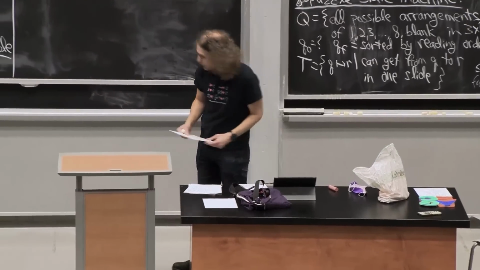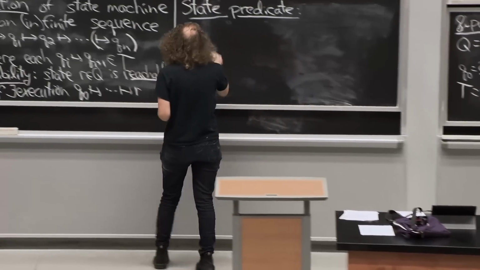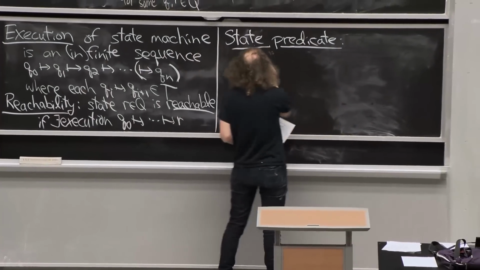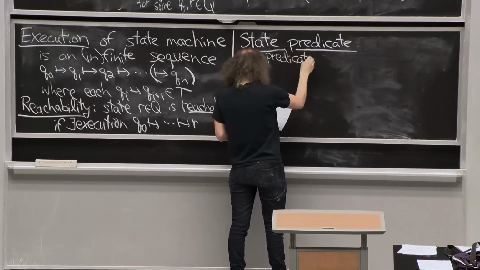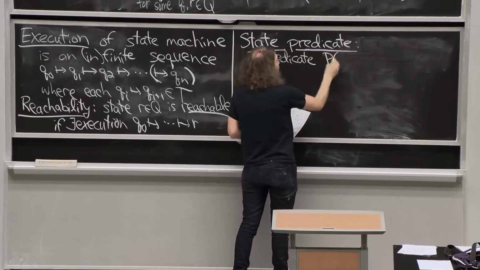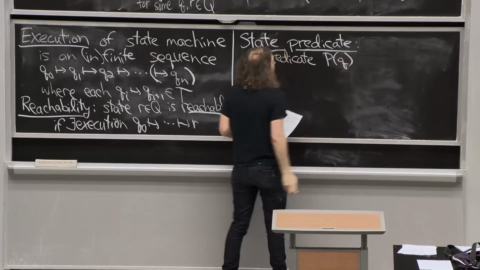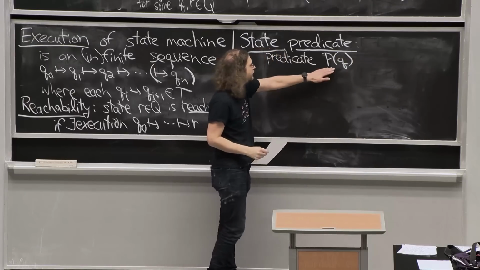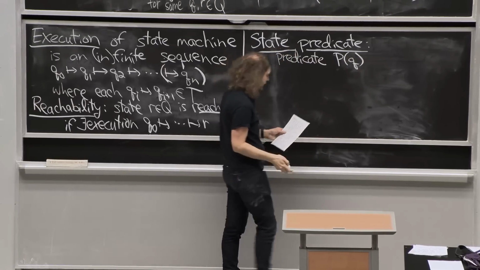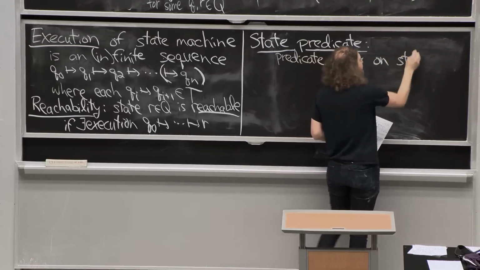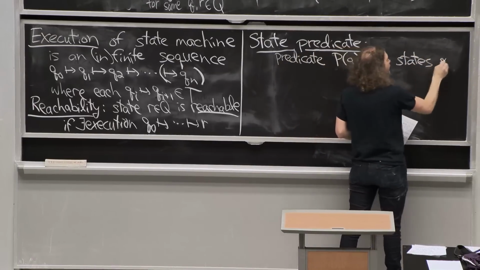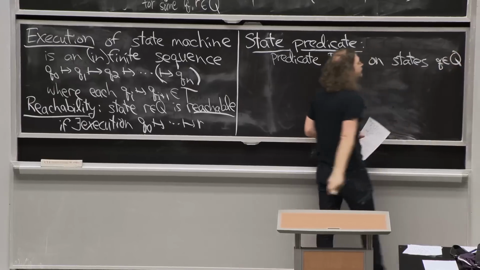So we've seen predicates before. A predicate is just a proposition that depends on some variable. And here, the variable is a state.